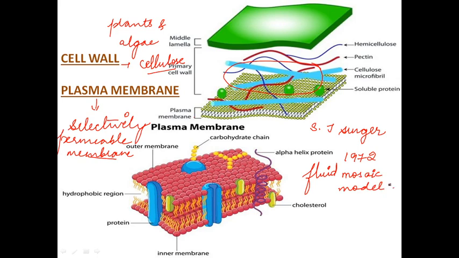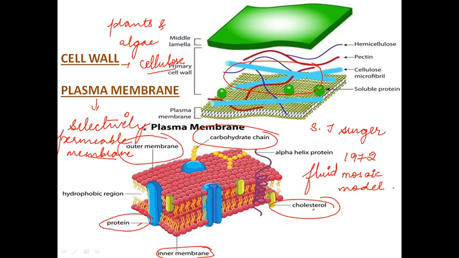The eukaryotic plasma membrane has a phospholipid bilayer. As you can see, there's a carbohydrate chain, a protein present here, and cholesterol present here. This is the inner membrane and this is the outer membrane. So, the phospholipid bilayer with proteins dispersed throughout the layer.